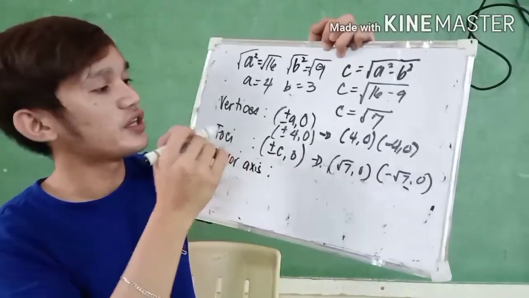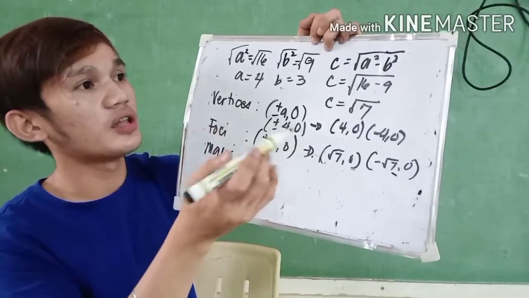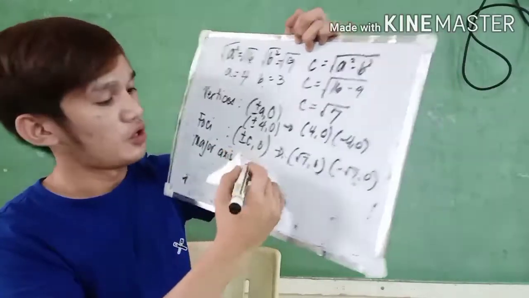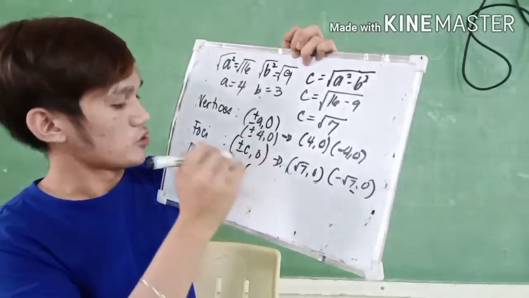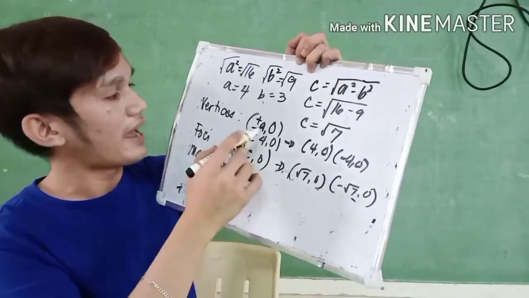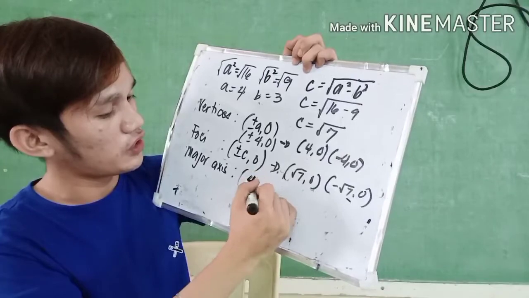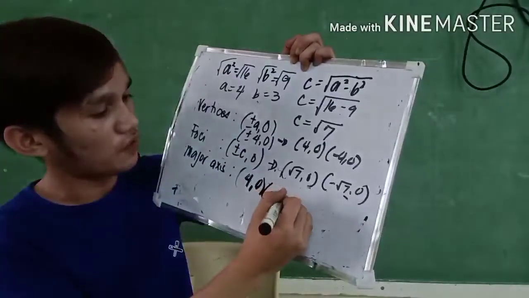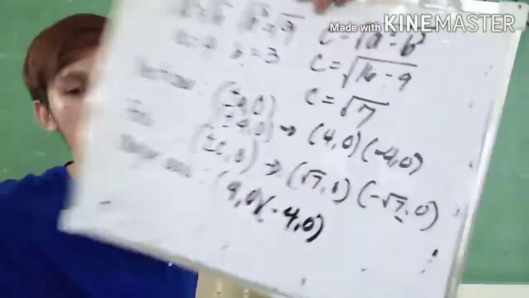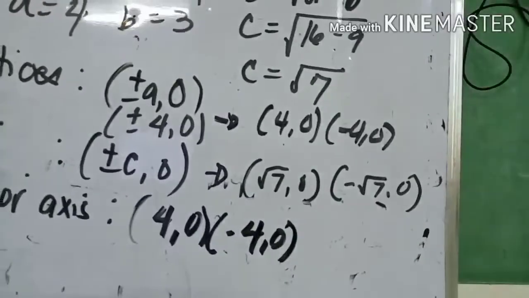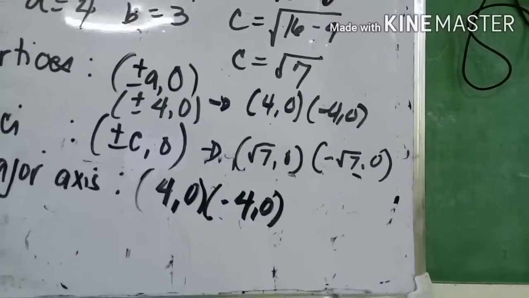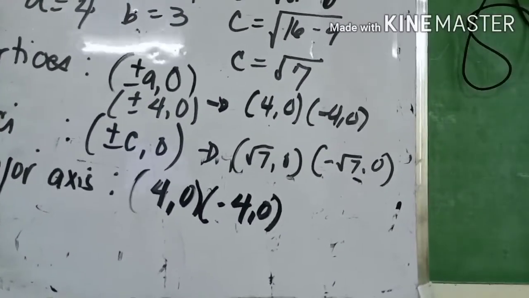So dahil ang vertices mo is 4, 0 and negative 4, 0, that is also your endpoints ng inyong major axis.